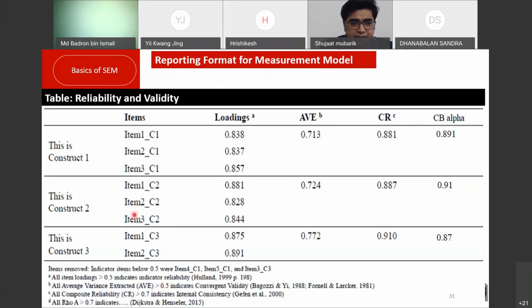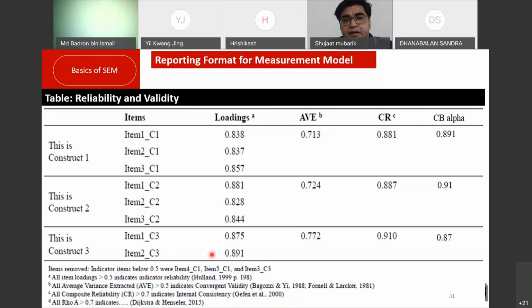Then there is the brief explanation of AVE. At the bottom, you can see the criteria which have been written: their threshold values, CR threshold value should be 0.70, AVE threshold, and their references. Even this could be copy pasted as it is, except for the items removed, which would obviously be your own items.